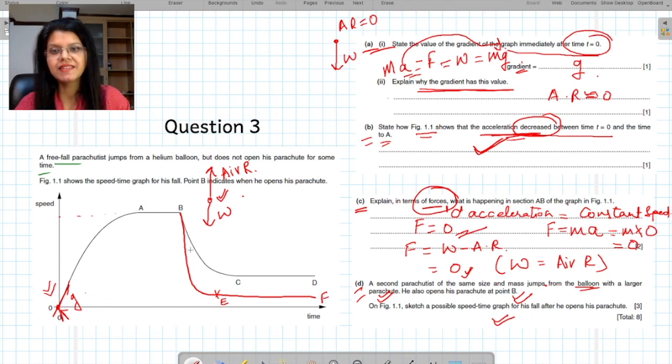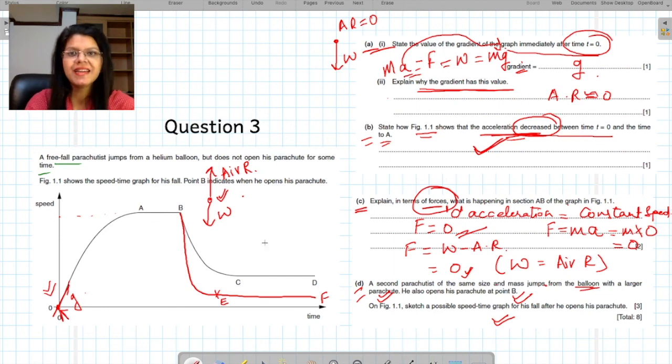There will be a sudden fall in his velocity. Larger parachute means you will attain a more comfortable landing speed on the ground, right? And also the parachute is large, so there will be much more air resistance created. There will be a sudden drop in the speed. So therefore more steeper line, sudden drop, steeper line, and a lower terminal velocity. EF is your terminal velocity, lower terminal velocity.